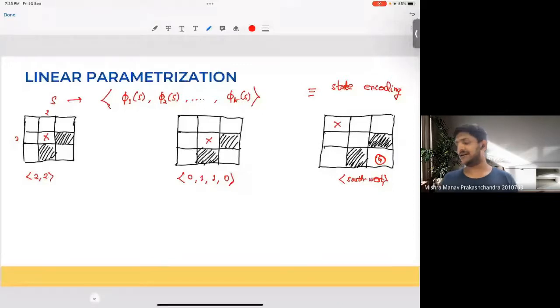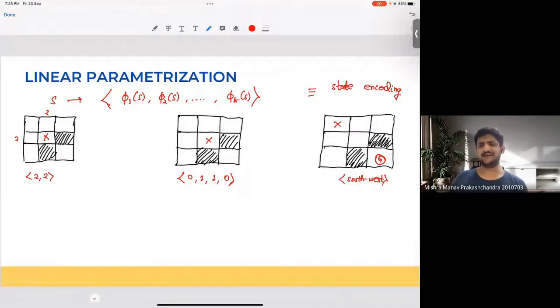Of course, you don't write it in words like southwest. You have 8 directions, so you encode it. So this is one sort of encoding that you can do.